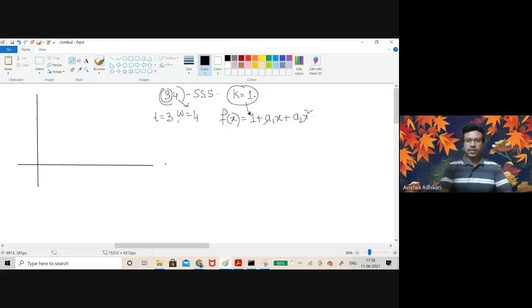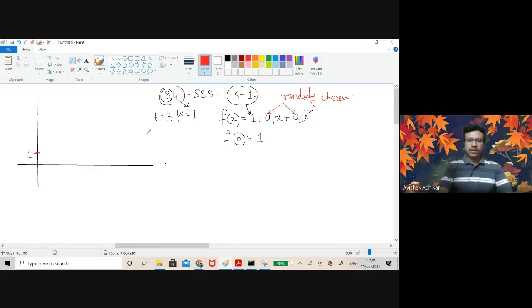The constant term is nothing but the secret. That means f(0) will be 1. So since this is a degree 2 polynomial, a1 and a2 are chosen randomly.